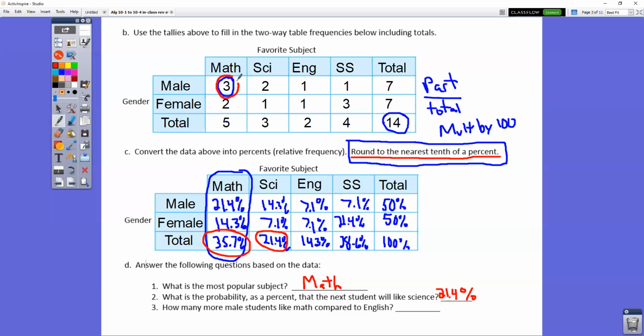So male who like math is 3. Male who like English is 1. So how many more like math compared to English? It would be 3 minus 1, which gives you 2. So just be careful whether you're looking at the whole table or one specific row or one specific column. Be very, very careful there.